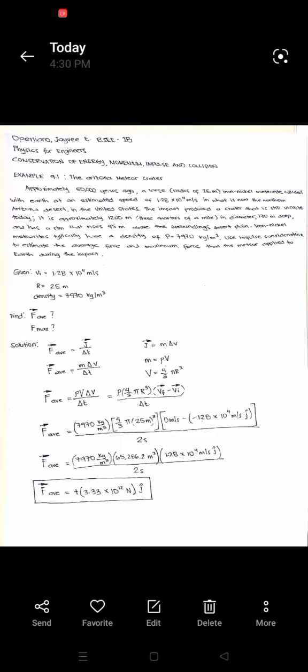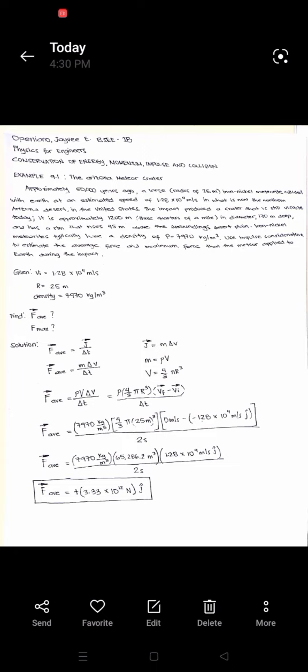7,970 kilograms per meter cubed, and for the volume of the meteor, let's assume that the meteor was roughly spherical, so the volume is equal to 4/3 pi r cubed. Now we obtain this formula: average force equals density times the volume times the change of velocity over time.